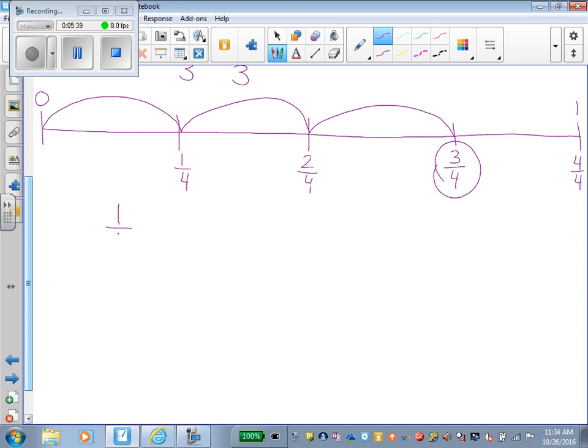All right, so we have 1/4 plus 1/4 plus 1/4 equals what? 3/4. And so we are showing that with our jumps. We jumped 1/4 section, we jumped another fourth of a section, and then we jumped another fourth to end up with 3/4.